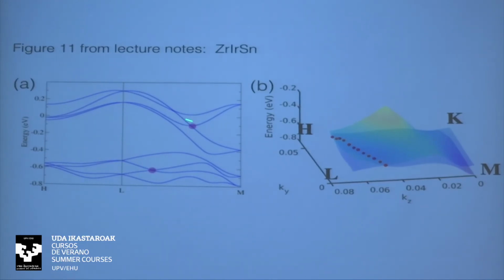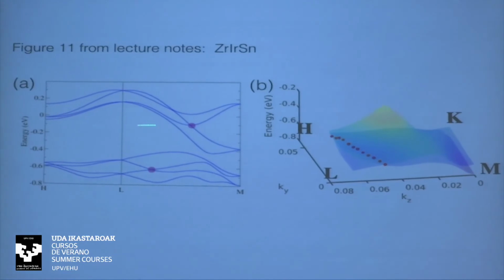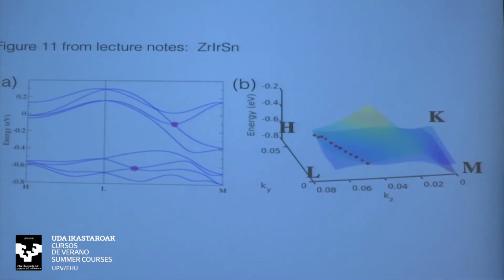There could be other points which you can remove, but one crossing always remains. And these crossings form a nodal line which encloses the L point in this case, just as the theoretical analysis predicted. And it's nice that this happens very close to the Fermi energy.